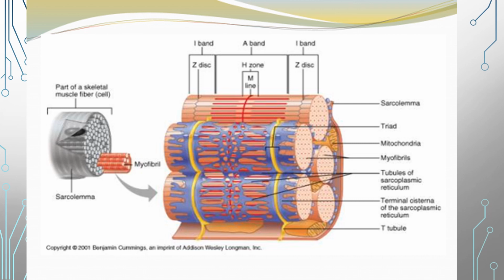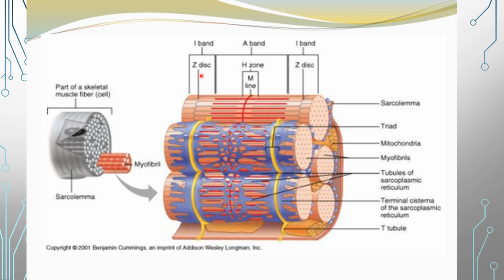This muscle fiber is arranged into many myofibrils, and each myofibril has a structural and functional unit of the muscle, that is the sarcomere. The sarcomere is the structural and functional unit, and it is the basic contractile unit of the muscle fiber.